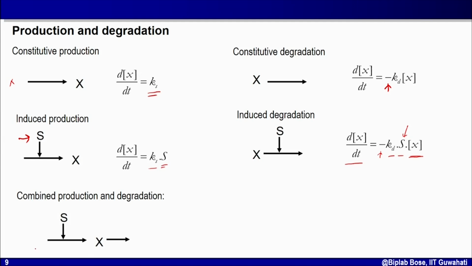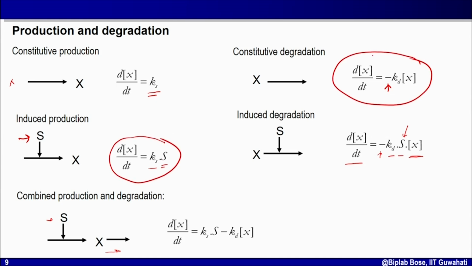Suppose I have a small process where production of X is induced by signal S and it gets constitutively degraded. So what will be my ODE for X? Combining this equation and this equation, I can write dx dt is equal to Ks into S, this is the production term, minus Kd into X, that is the degradation term.